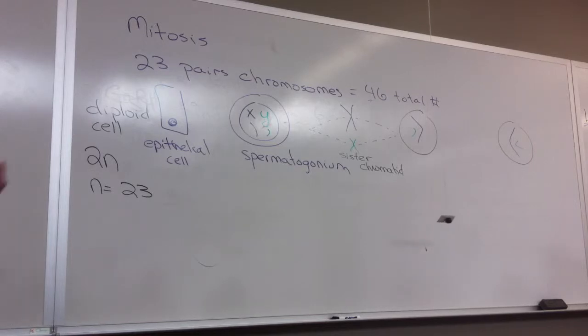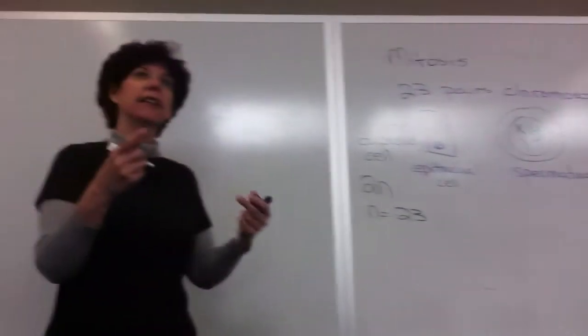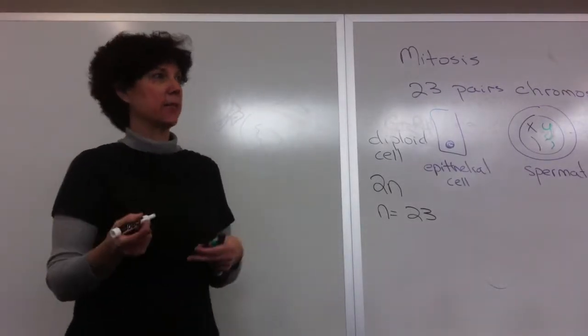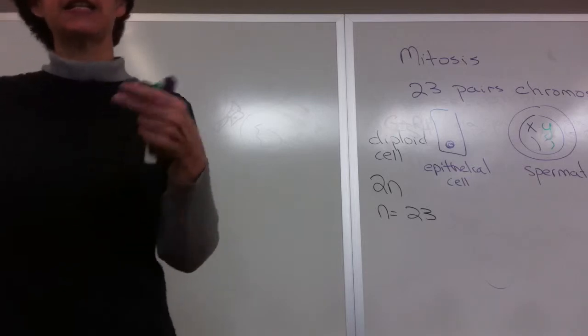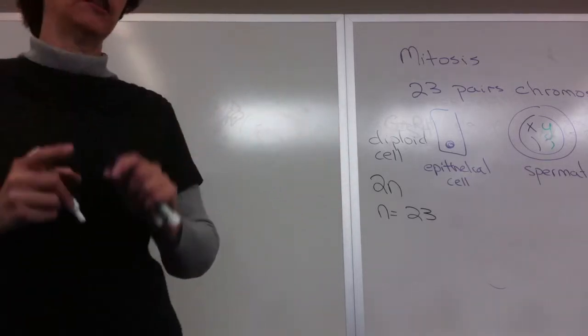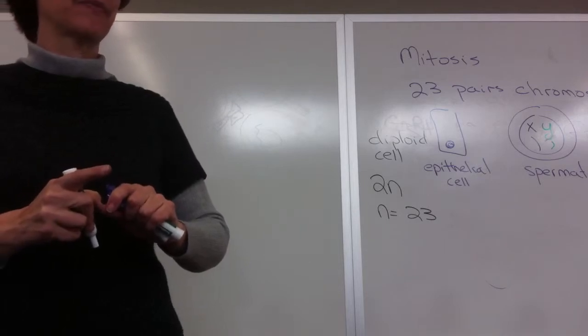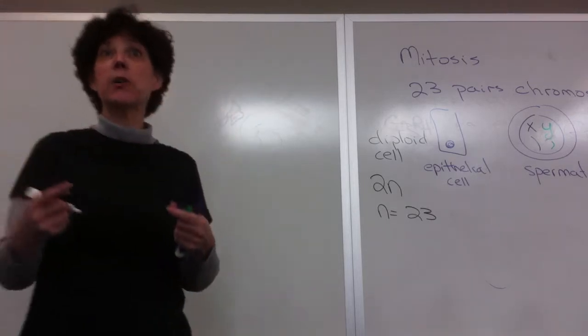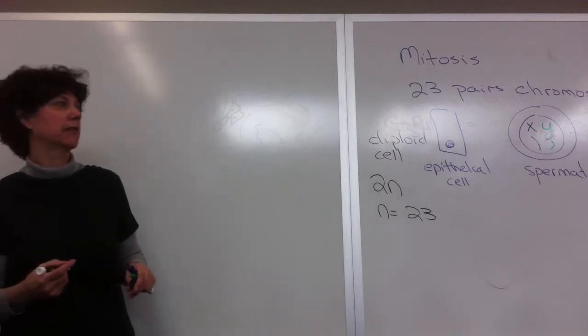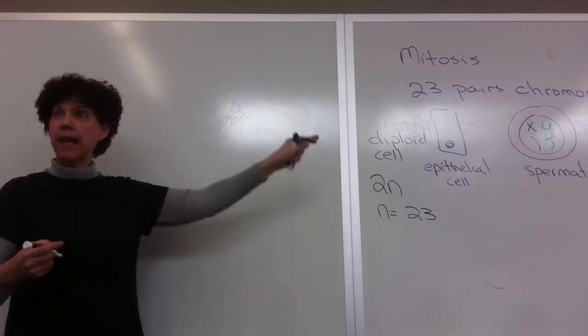So the spermatogonia cells undergo mitosis in the male over and over and over, making new spermatogonia. As we'll see next week in the female, that occurs as well with the oogonia, but that process stops before the girl is born. Okay, so there's no more mitosis occurring in the female in the ovaries after birth. Is everybody with me on this page?